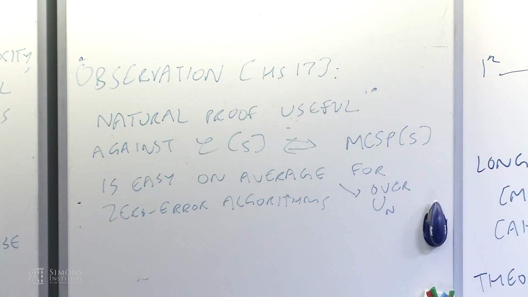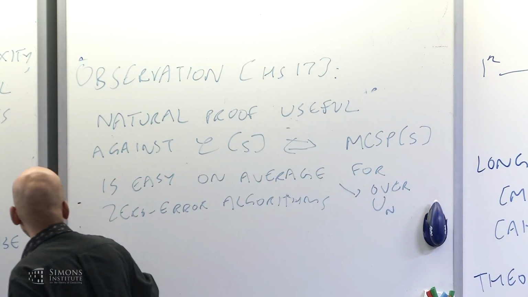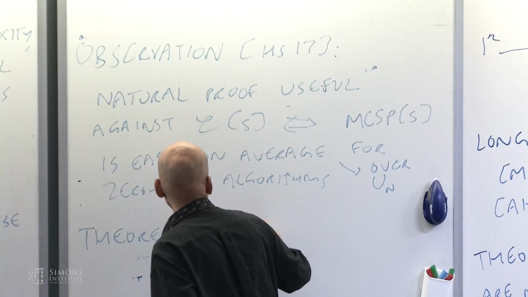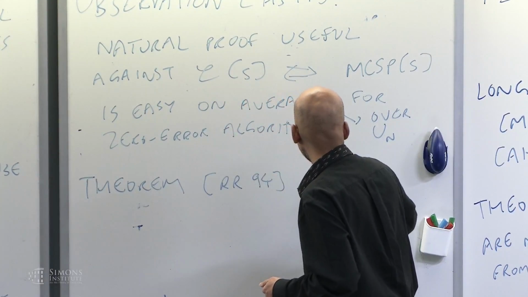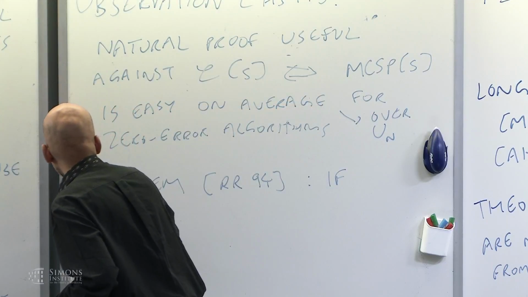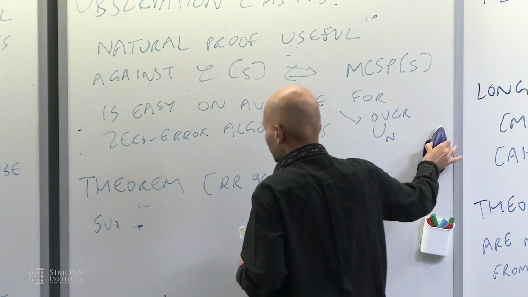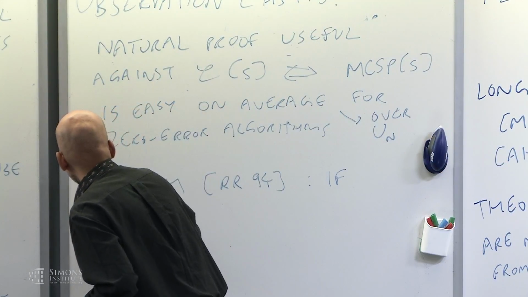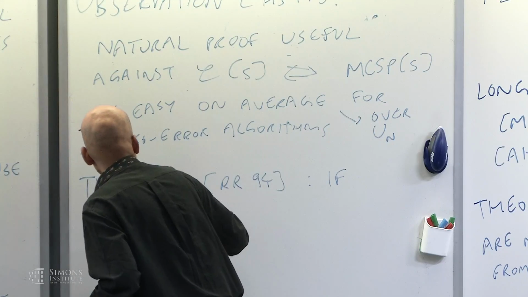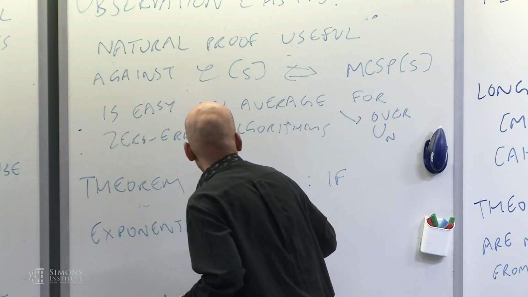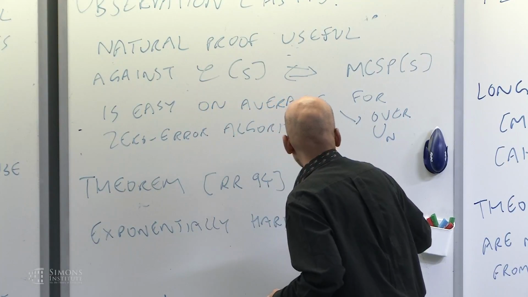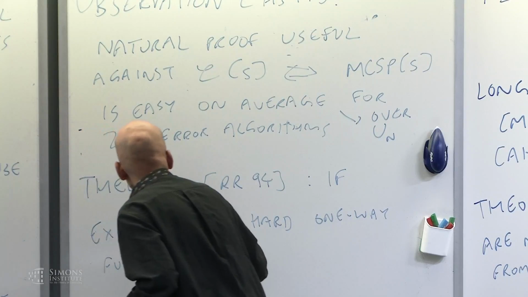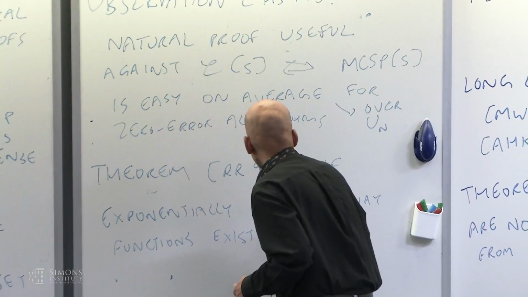So what did Rouse-Brown-Rudich show? Rouse-Brown-Rudich showed that under a standard cryptographic assumption, if one-way functions exist, so that's exponentially hard, then there are no natural proofs.